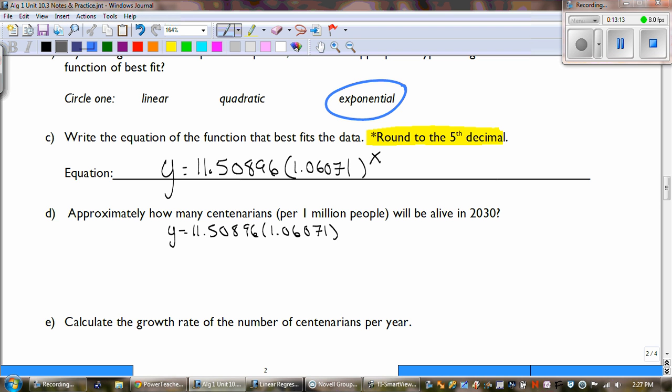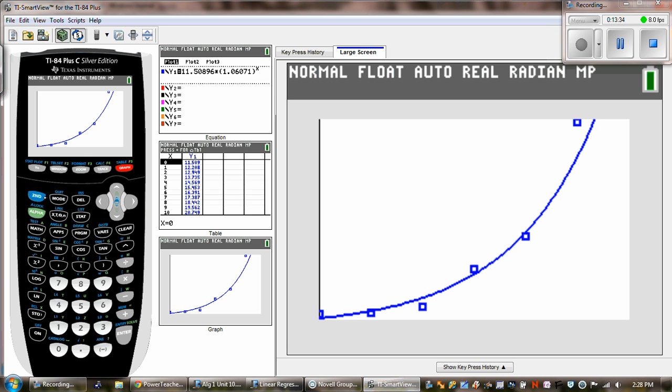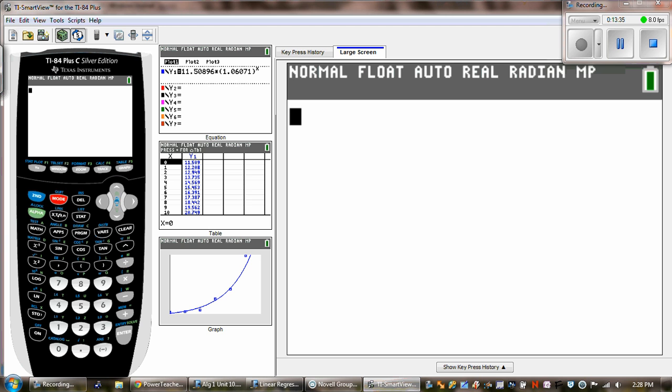So I want to know how many years is 2013 from 1950. So I have to subtract and we get 80. So 80 is the number that we're going to be plugging into the top. Okay. And this we can just plug straight into our calculator. So I'm going to quit that screen and I'm going to plug it in.